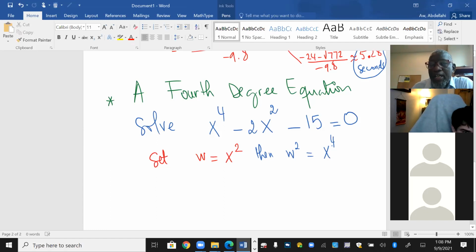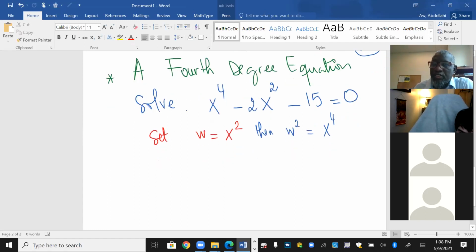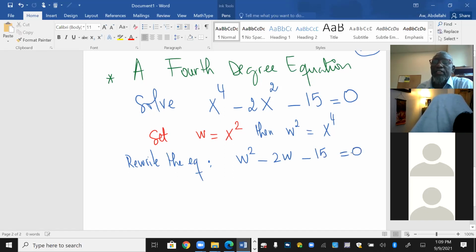Now, I can rewrite my equation, not in terms of x's, but in terms of w's, right? So now I can rewrite the equation as what? w squared minus 2w minus 15 equals 0, right?